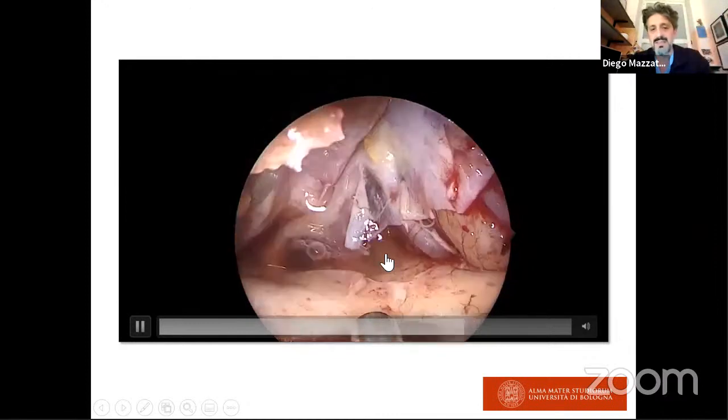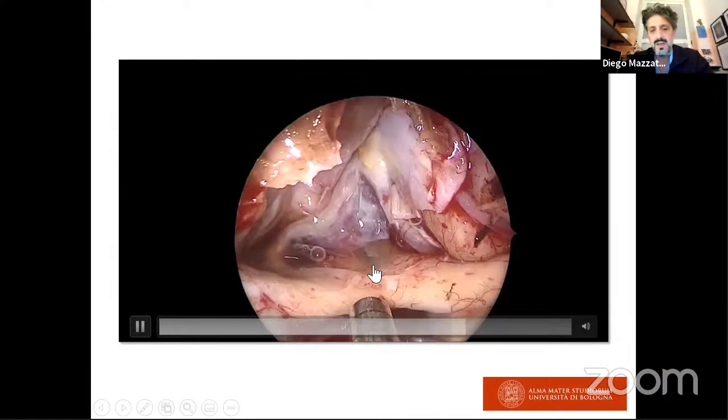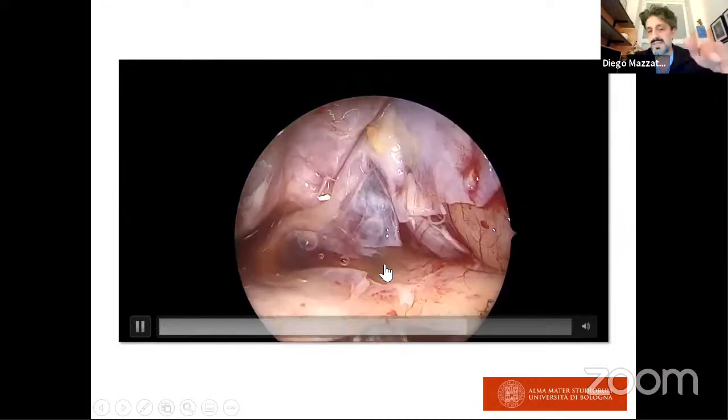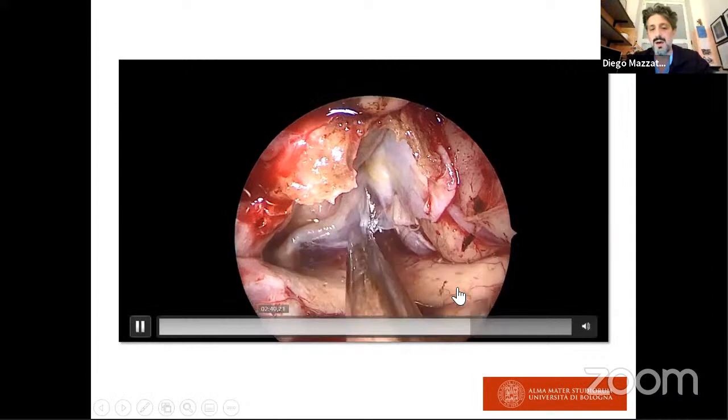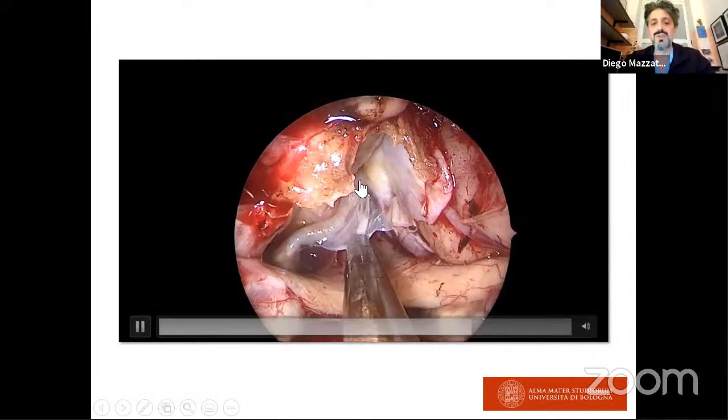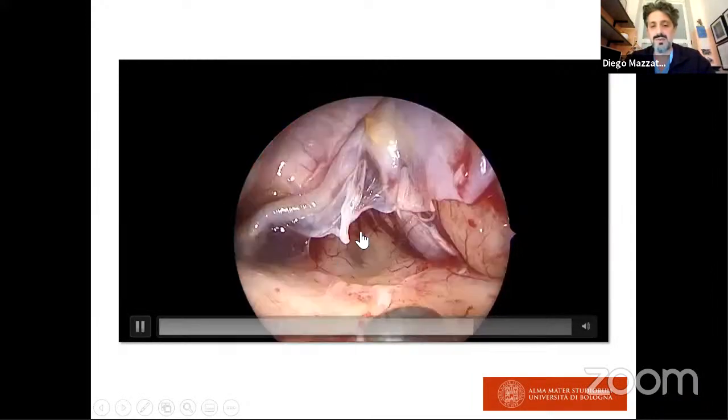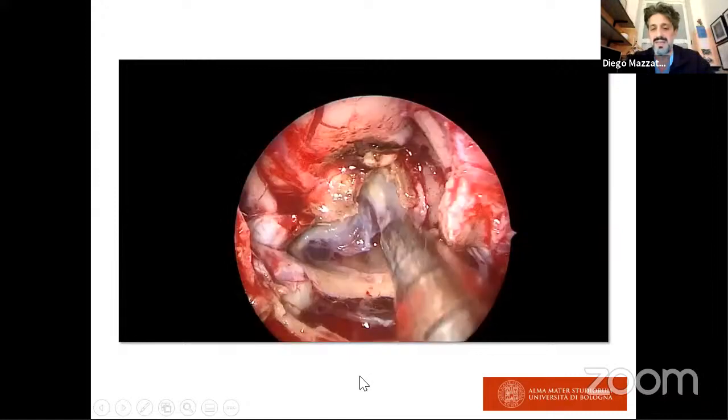This is the lamina terminalis, and it's not usual to see this region because we traditionally work inferiorly to the optic pathway, and the tumor also pushes up the lamina terminalis space.